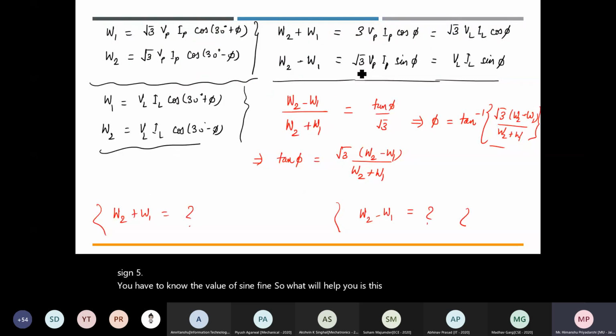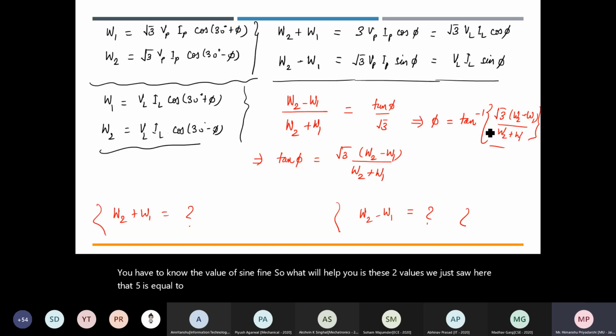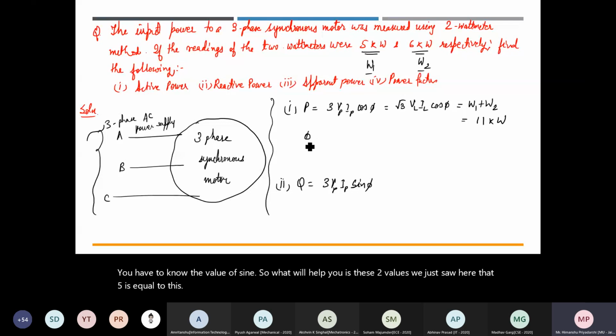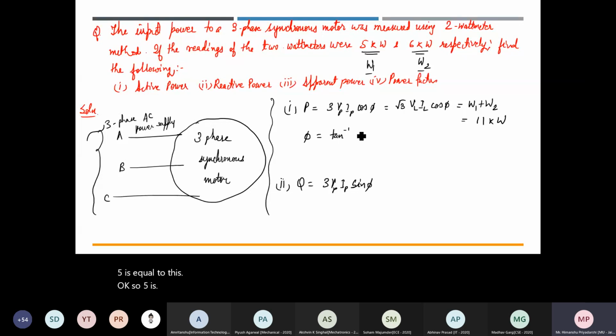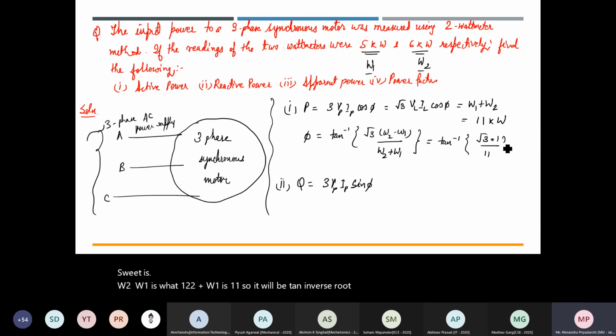We just saw here that phi is equal to tan inverse root 3 times (W2 minus W1) upon (W2 plus W1). So W2 minus W1 is 1, W2 plus W1 is 11. So it will be tan inverse root 3 into 1 upon 11.